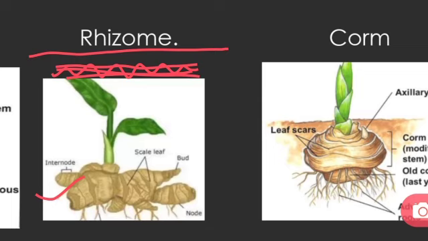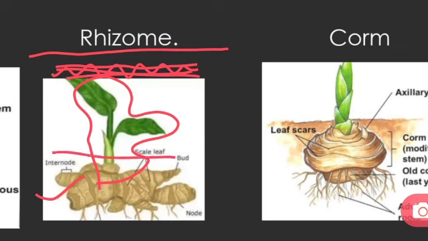Turmeric contains scaly leafy structures from where the buds arise, and from the buds a new plant arises vertically, that is vertical to the surface of the soil. So this is a soil, the stem grows horizontally but the plant arises vertically. Okay, next type is corm.